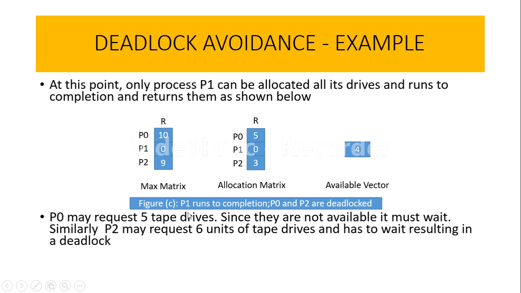Hence, because the availability is not fulfilling the requirements of the processes, we can say that the entire system is in the unsafe state and it results in a deadlock because both processes are waiting for the other process to release the resources. Hope you people have understood this concept.